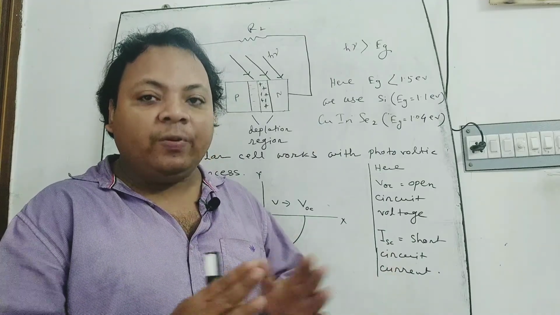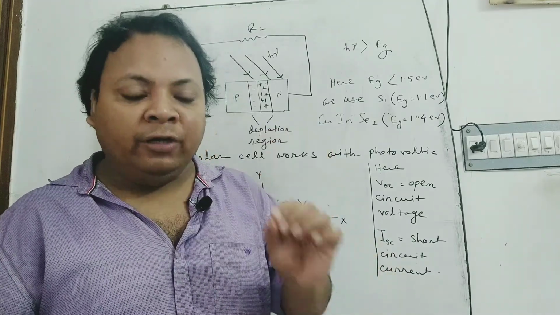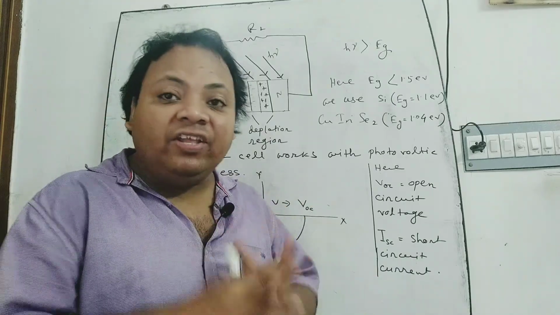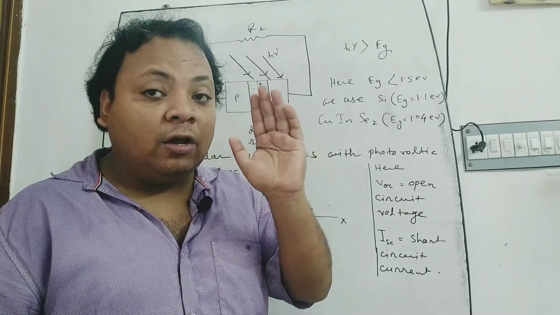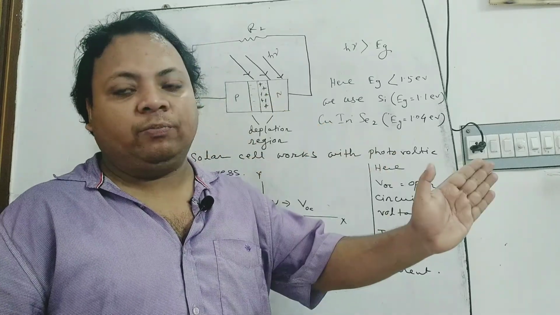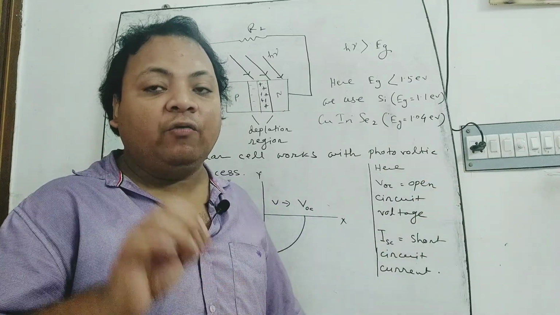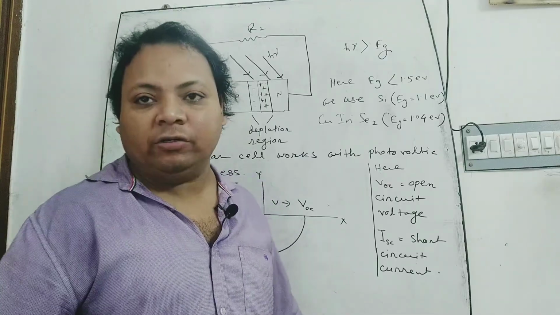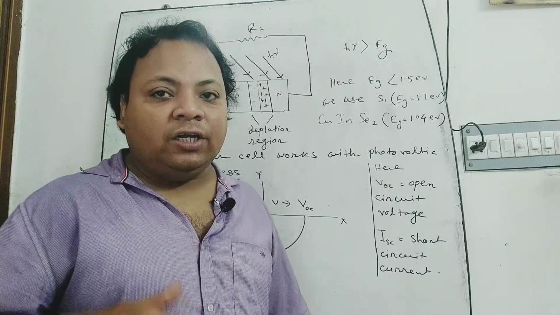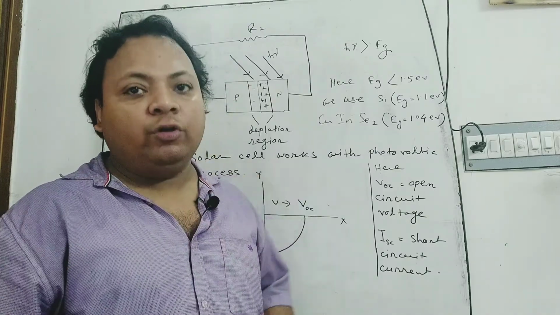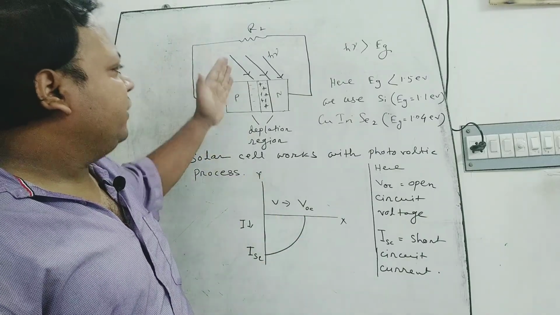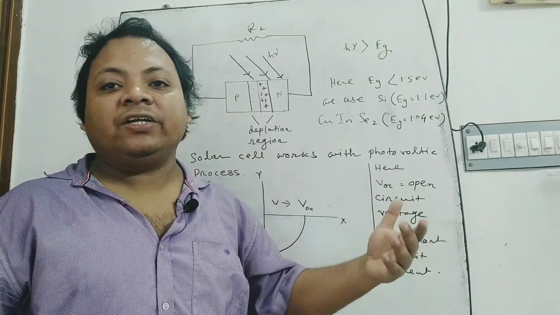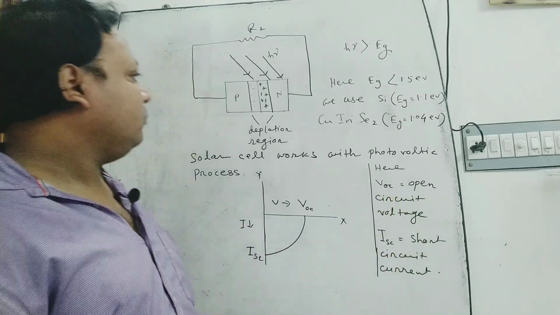Then they are repelled by the potential or electric field in the depletion region, and the free holes move towards the p-type layer, and the free electrons move towards the n-type region. In this way, current is produced. In this case, the light energy produces current or electric energy.